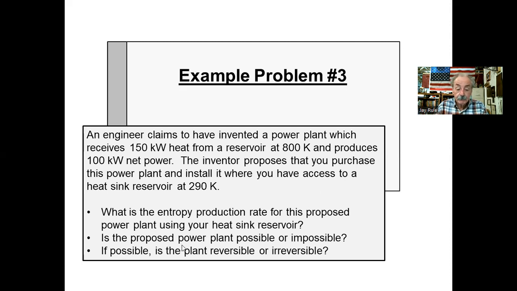Then, is this proposed power plant possible or impossible? If it's possible, is the plant reversible or irreversible? So let's analyze this engineering inventor's claim and decide if we're going to buy this from him or her or not.